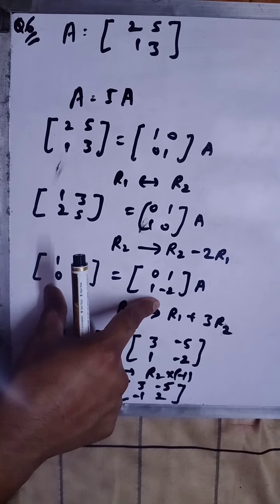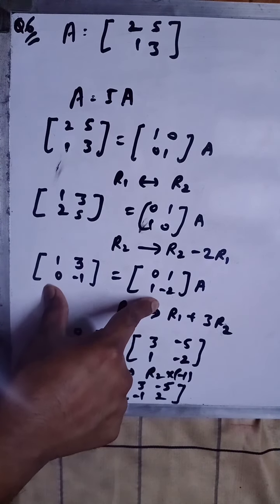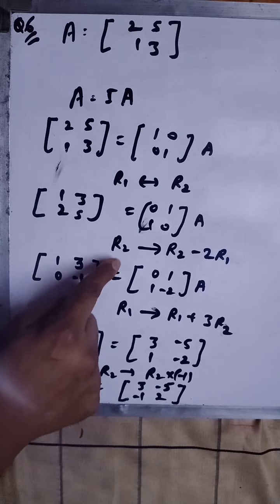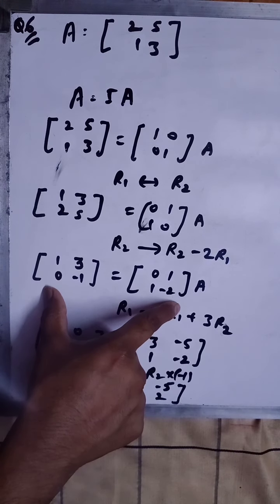I know you know how to apply this operation, because this question is very easy as compared to the 3 by 3 order matrix, because we have already solved the example of order 3 by 3. After that, when you apply this, you will get this one.